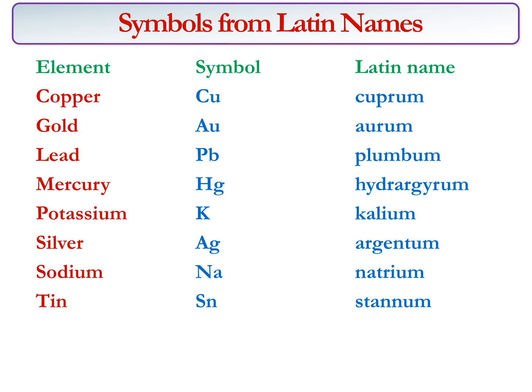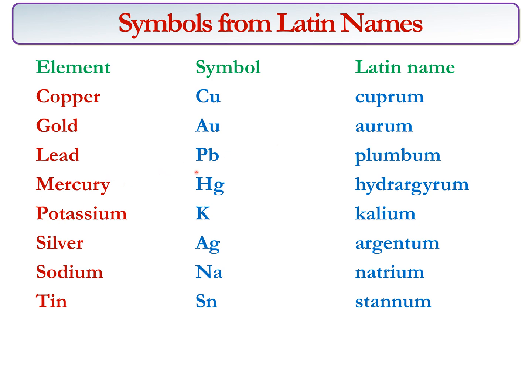Let's look at symbols from Latin names. The chemical symbol for copper is capital C, small u, and the Latin name is cuprum. Gold is Au, and the Latin name is aurum.